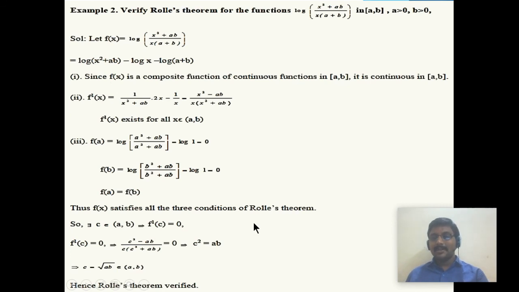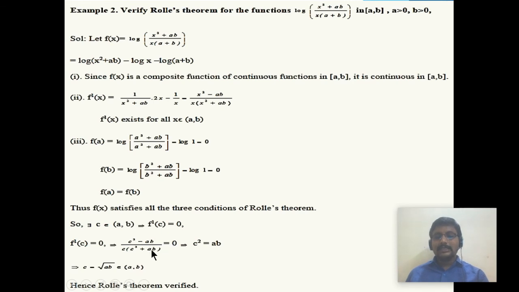Hence, by Rolle's theorem, there exists at least one value of x, say c, which lies in the open interval (a, b), such that f dash of c equals 0. So (c square minus ab) by c into (c square plus ab) is equated to 0.